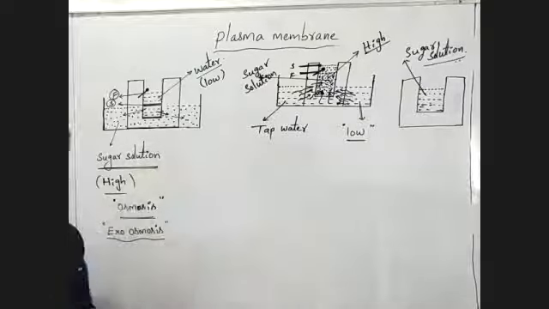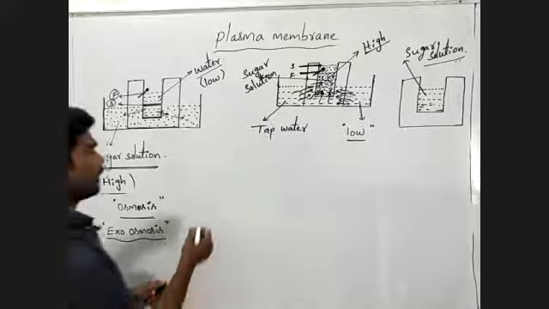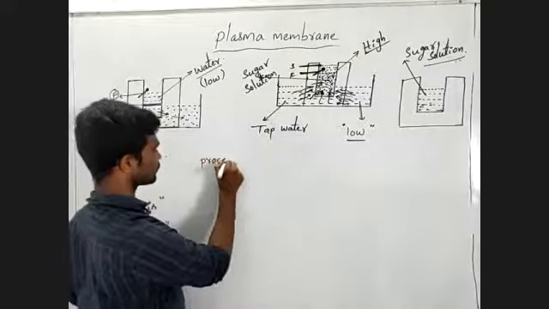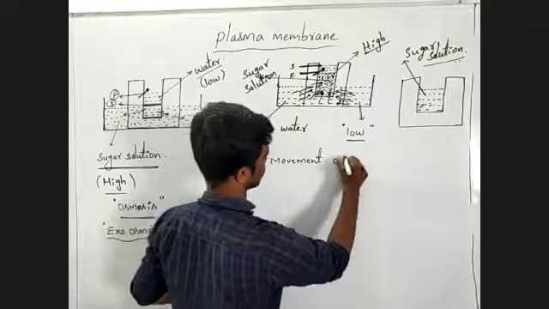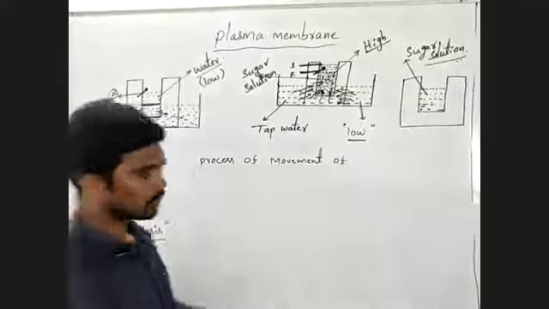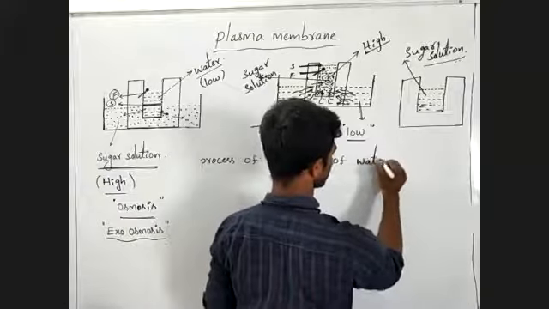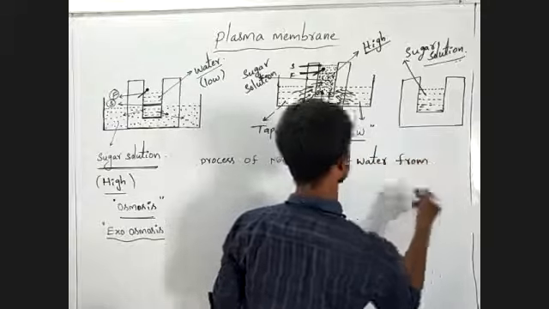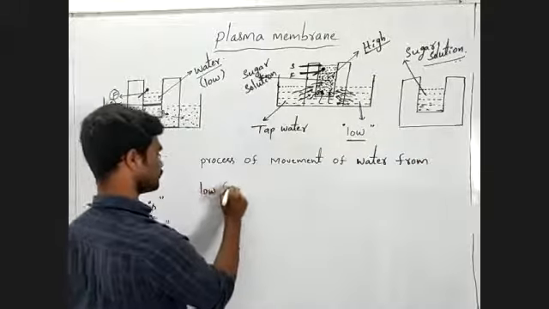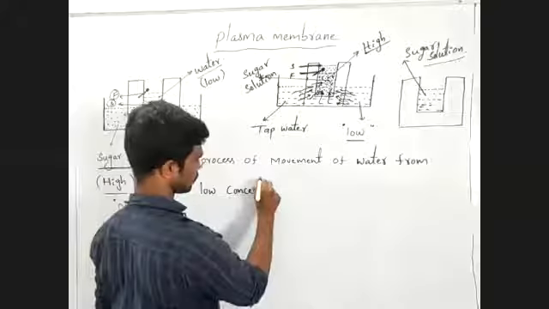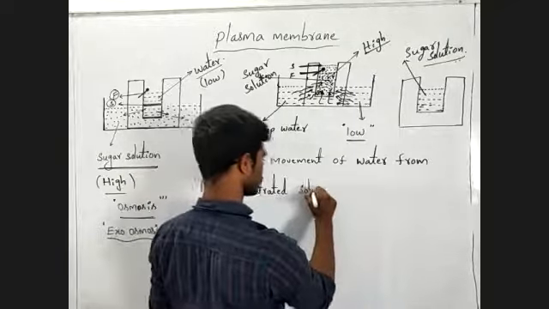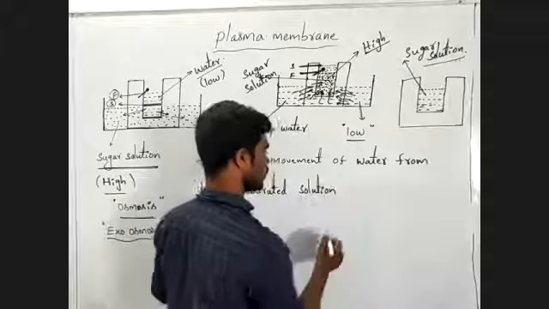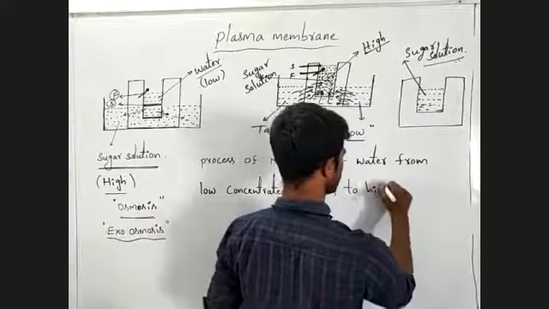Based on these two activities, we can define the osmosis process as the process of movement of water from low concentration or low concentrated solution to high concentrated solution.